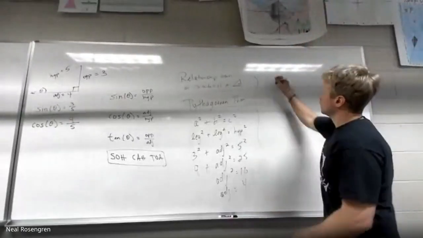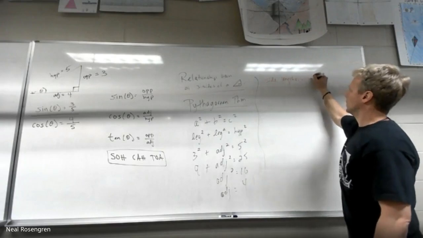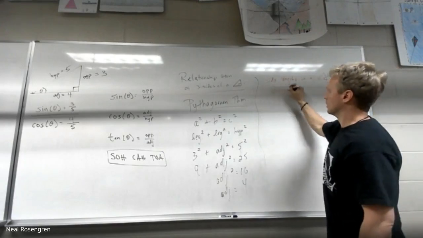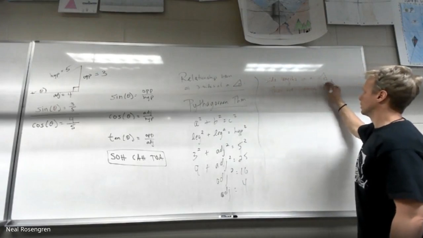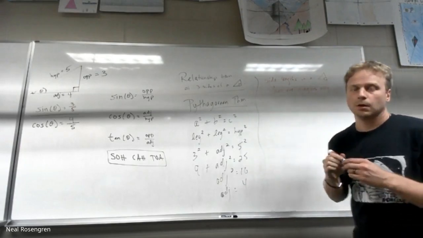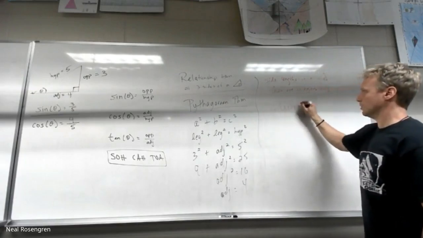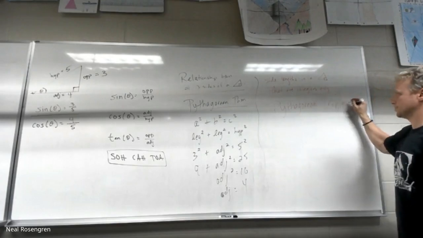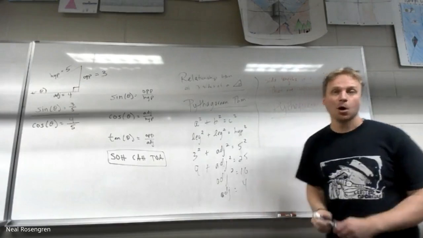The side lengths in a right triangle that are integers only are so nice to deal with, right? And they gave them a name. They actually called them Pythagorean triples, because all three of them are integers.